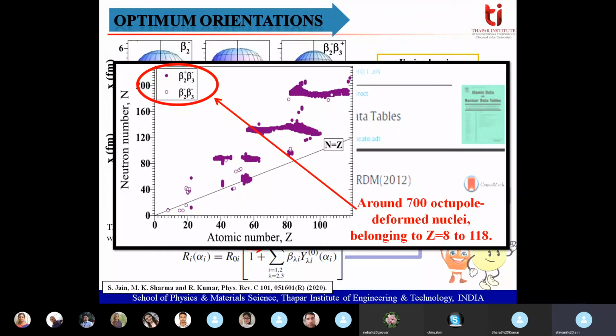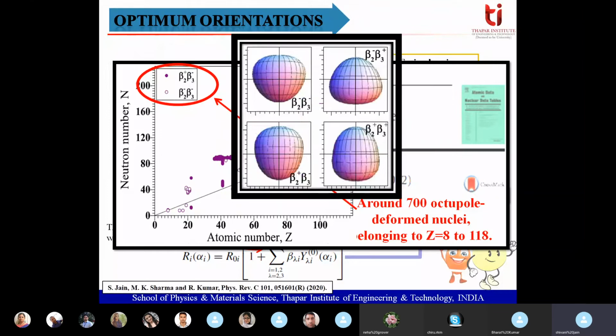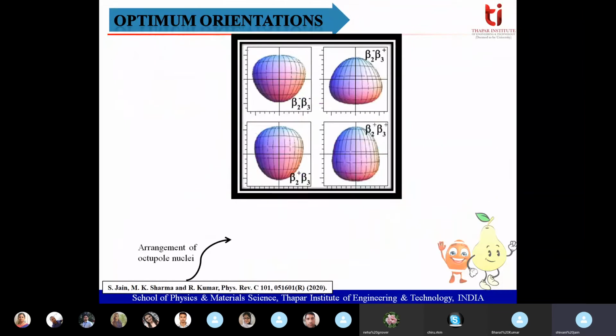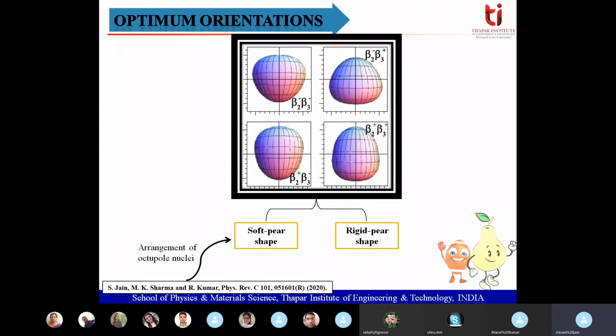Now, how did we arrange these nuclei in our work? We categorized octupole nuclei in two categories: soft pear shape and rigid pear shape. In soft pear shape, the magnitude of beta 2 deformation is greater than the magnitude of beta 3.